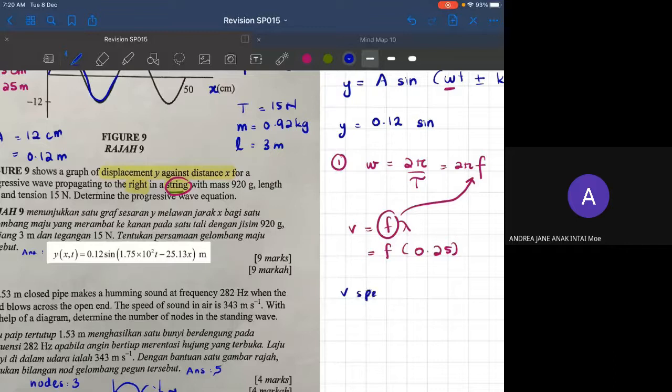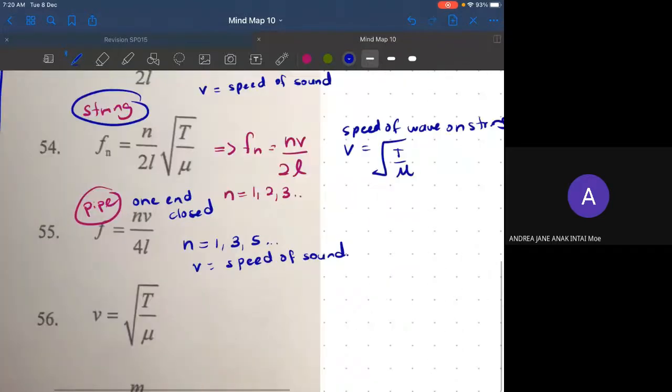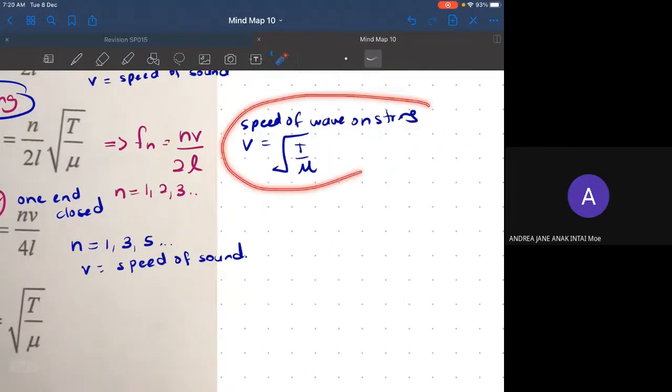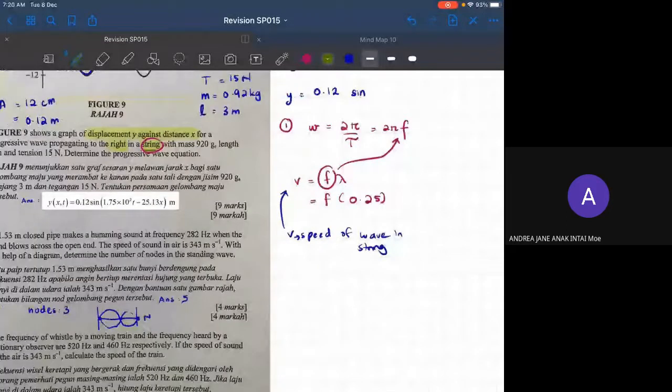Look in the list of formulas: do we have a formula for the speed of wave in string? Indeed we do. Speed of wave on string is V equals square root of T over mu. So we can find V using the formula V equals square root of T over mu.